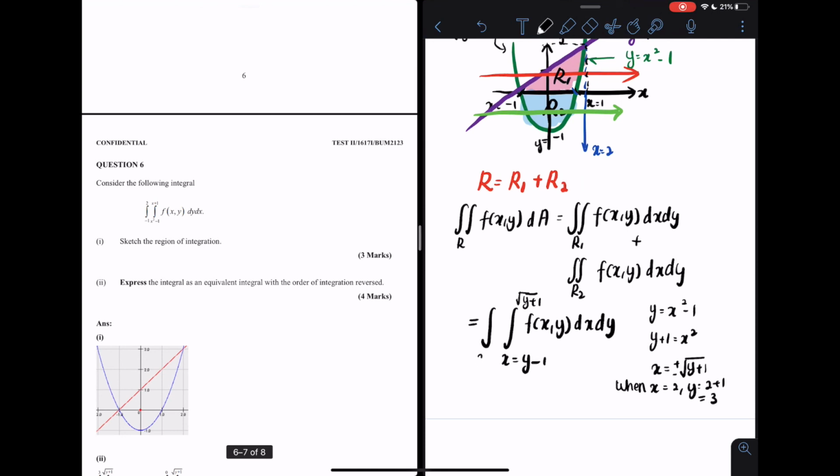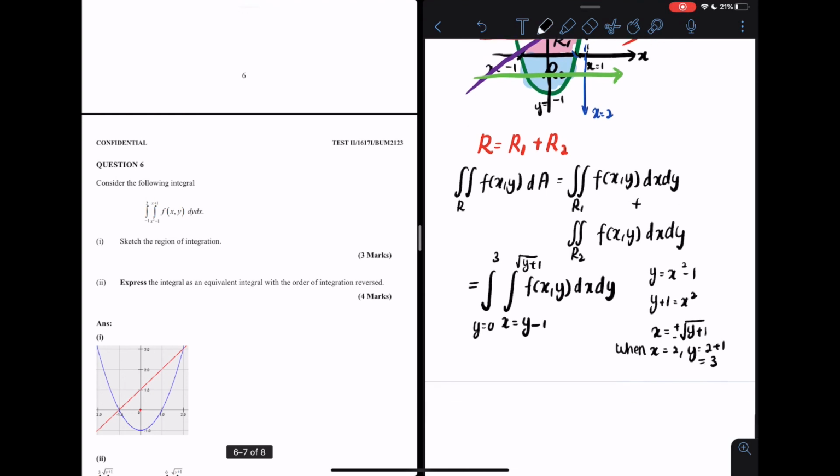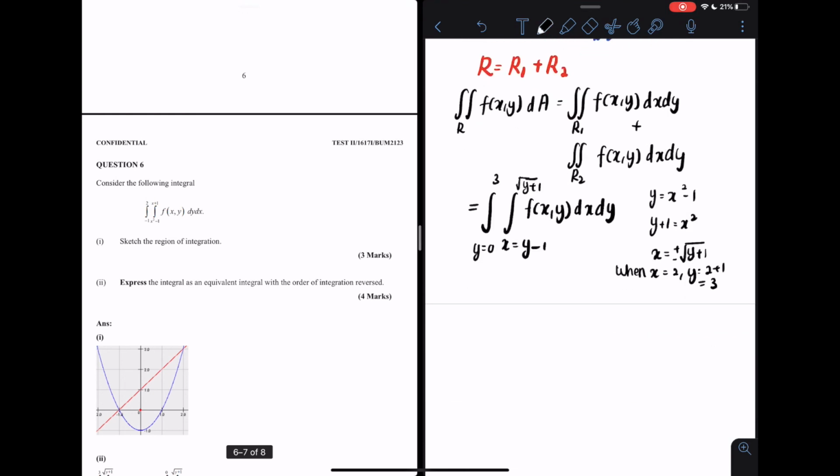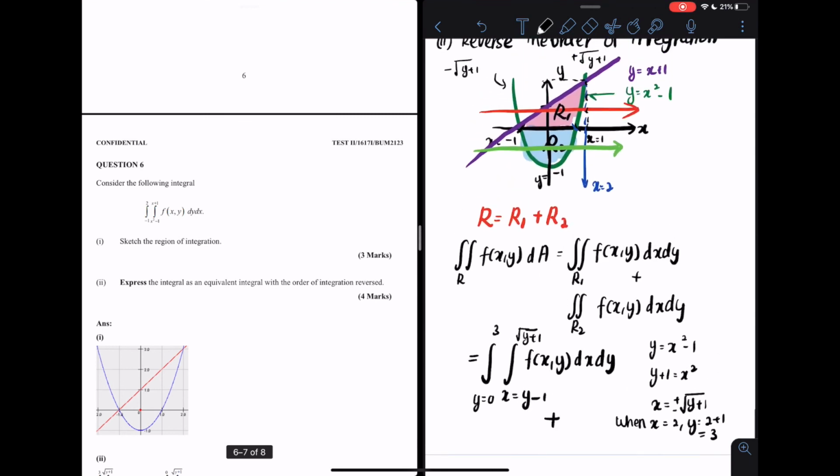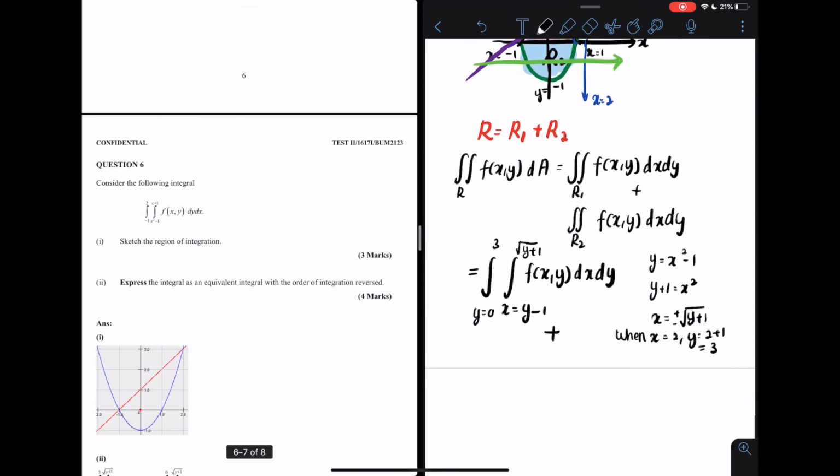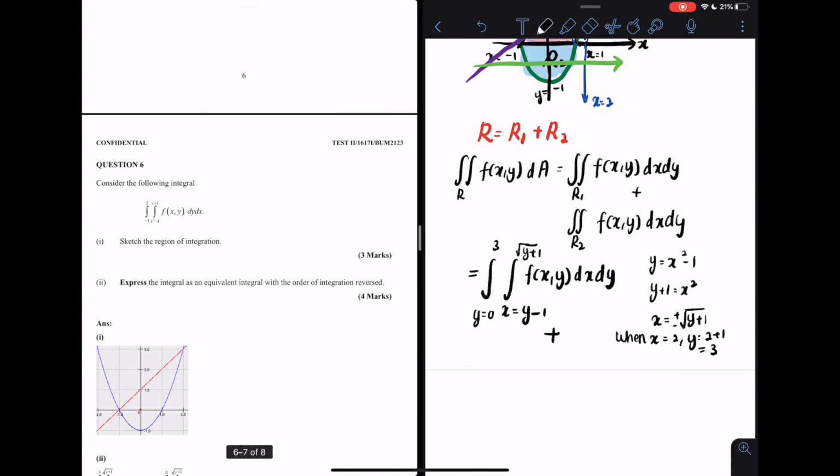Therefore, x travels from 0 until 3. Oh, not x, I beg to differ with my own answer. y is equal to 0 until 3. So we have settled the first region. Therefore, I will have a positive sign here to indicate region R made up from these two different regions, R1 and R2 respectively. So let's take a look at the second region R2.